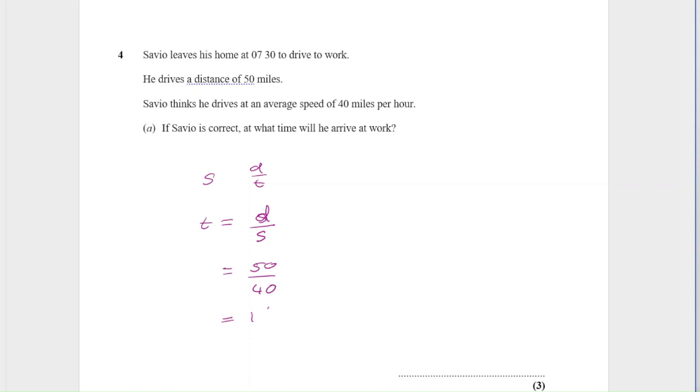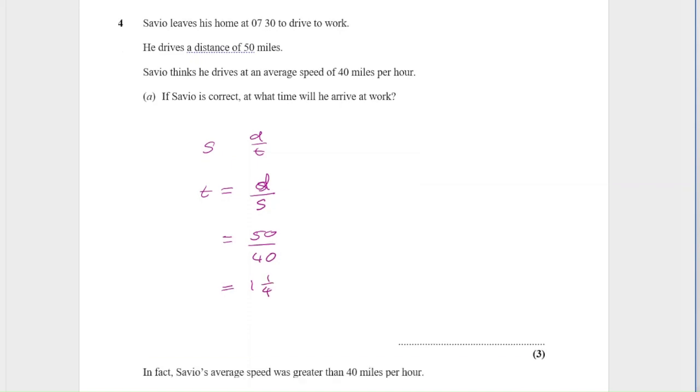So that's going to be 1¼ hours. So if we say he starts at 7:30 and we want to add on 1 hour and 15 minutes, he's going to arrive at work at 8:45, or in the same format, 08:45.